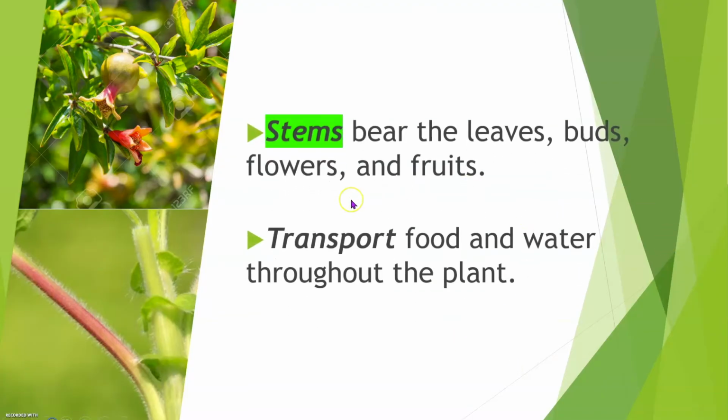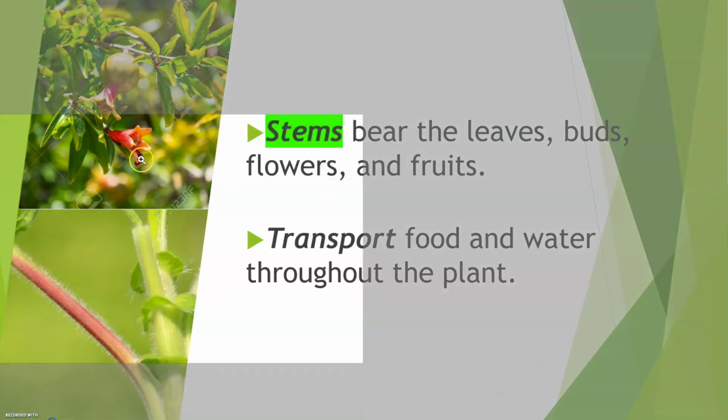Okay, now let's move on to another part of a plant, which is the stems. Everybody, please repeat after me. Stems. Very good. So stems bear the leaves, buds, flowers, and fruits. So this is the stem.